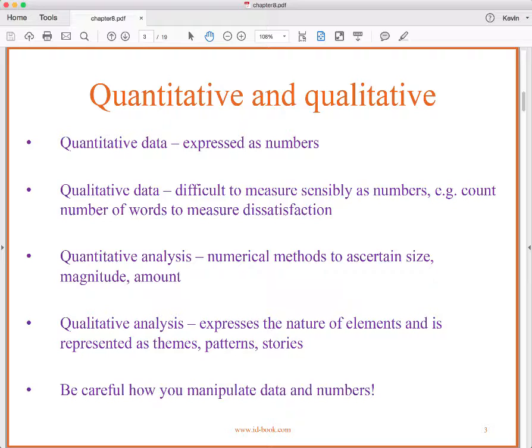For instance, there's an example in the text where they talk about qualitative information.